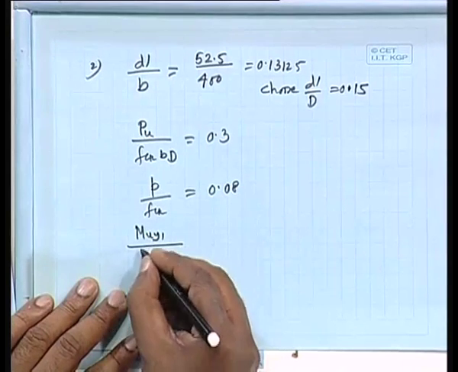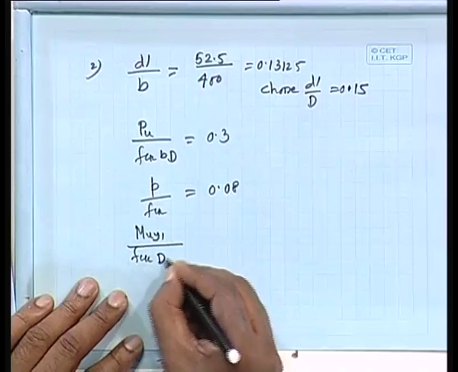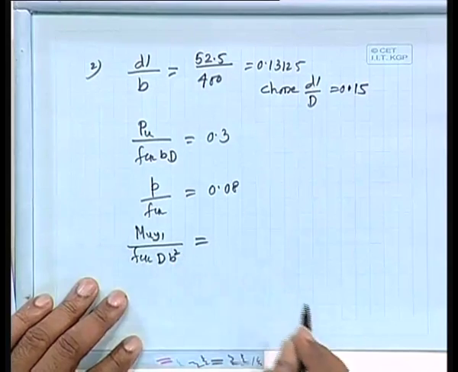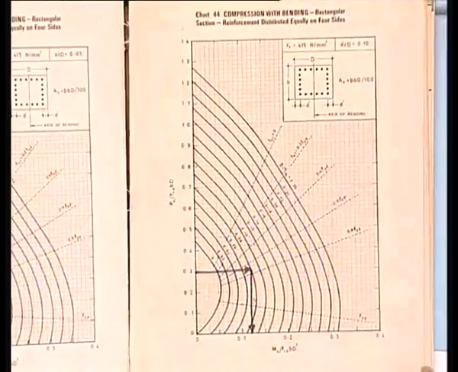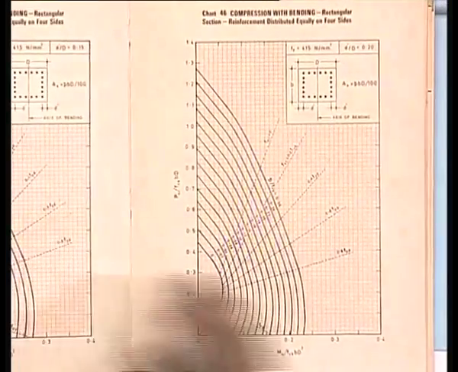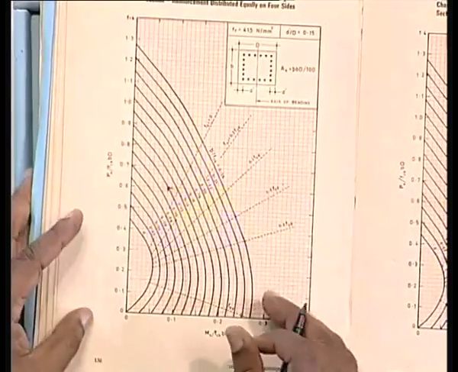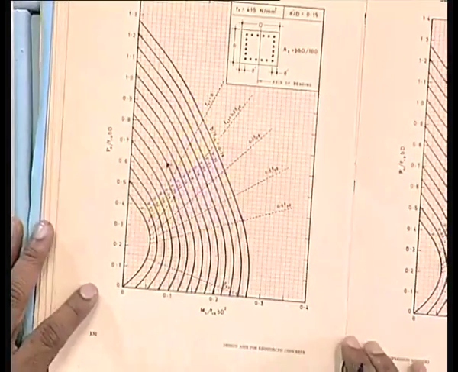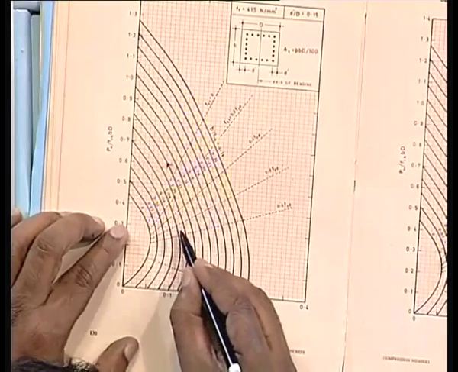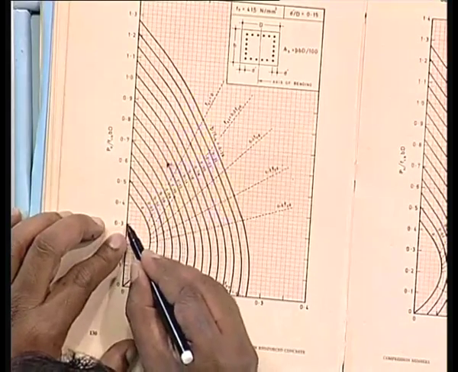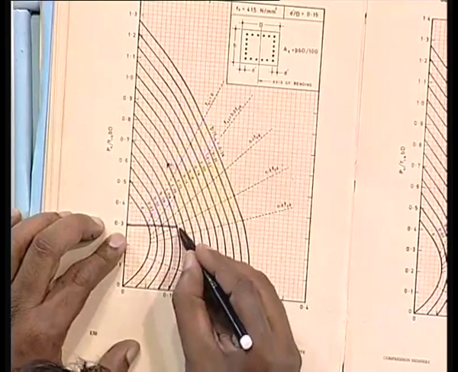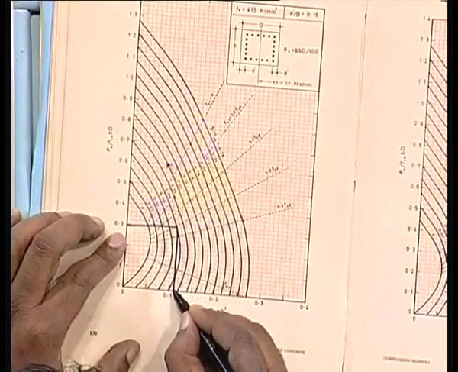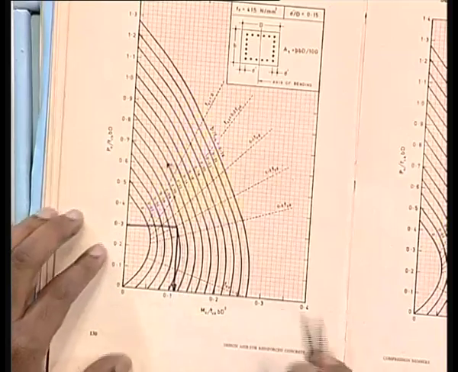MUY1 by FCK dB square, that one we shall get from the chart 45. So, 0.3, and come down, 0.11.